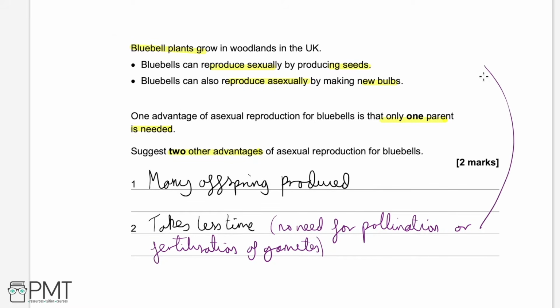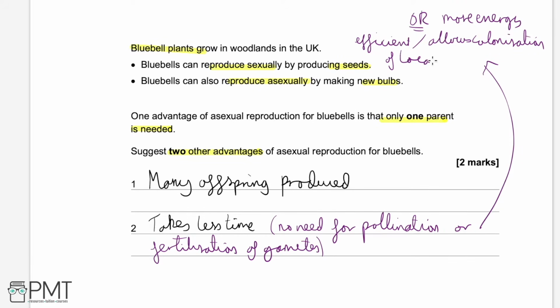Alternatively, we could also have said that the process is more energy efficient. Or, alternatively, that it allows colonization of a local area, since many individuals will be produced within a small area, colonizing it. Other correct statements would also receive a mark.